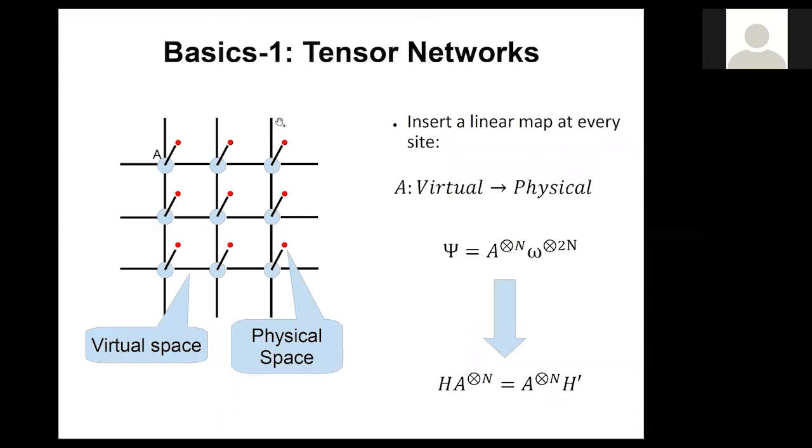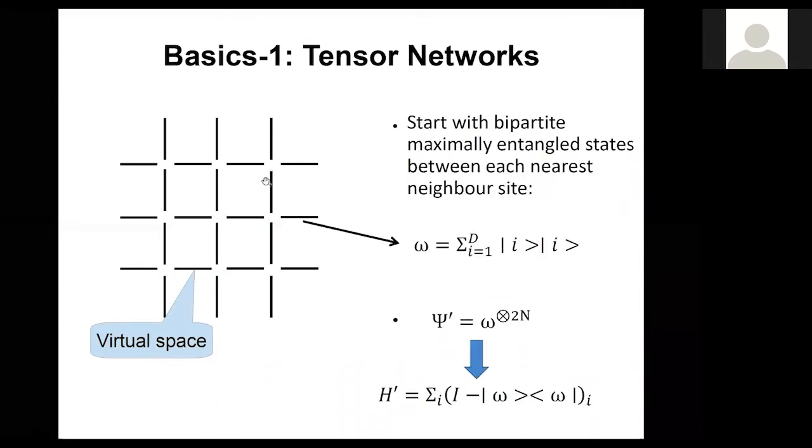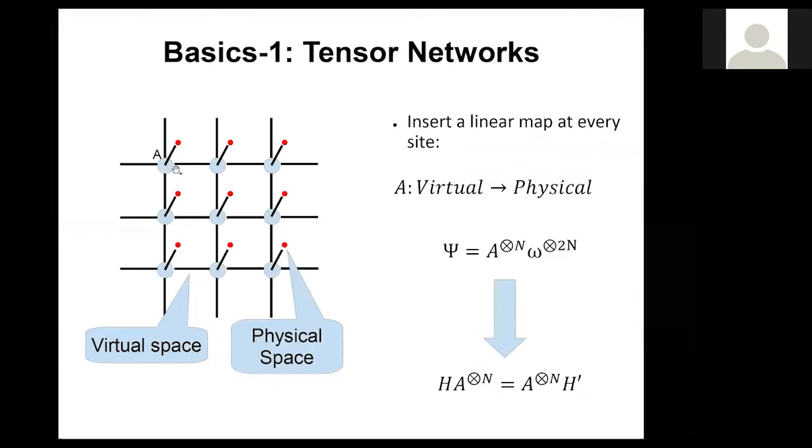So to make things more interesting, we apply these linear maps A on this state omega tensor 2n. So at each site, at the intersection of these 4 legs, we apply this linear map A, and we obtain these physical degrees of freedom.